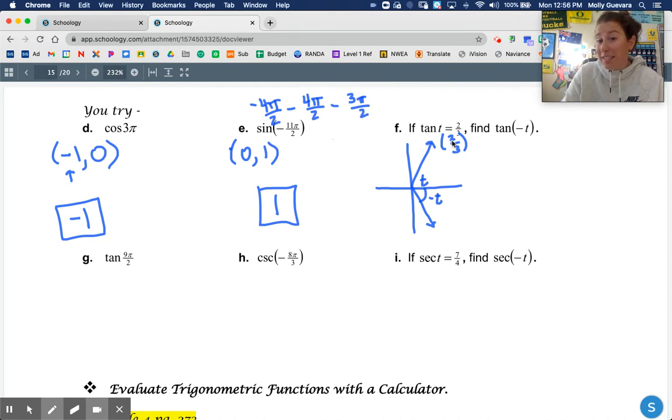So it makes sense that this is positive 2 over positive 3. Here, my x is positive, but my y is negative. So tangent of negative t now is negative 2 over 3 because of what quadrant it's in. It's moved quadrants.